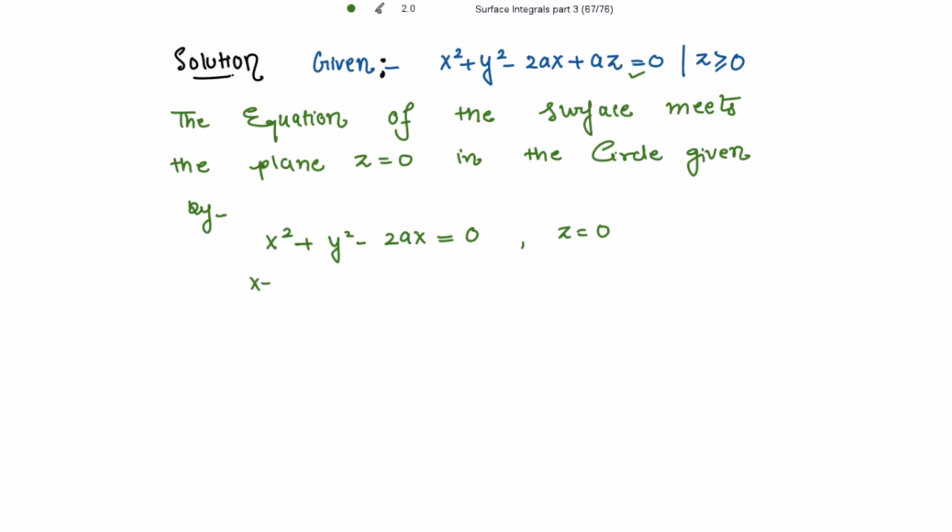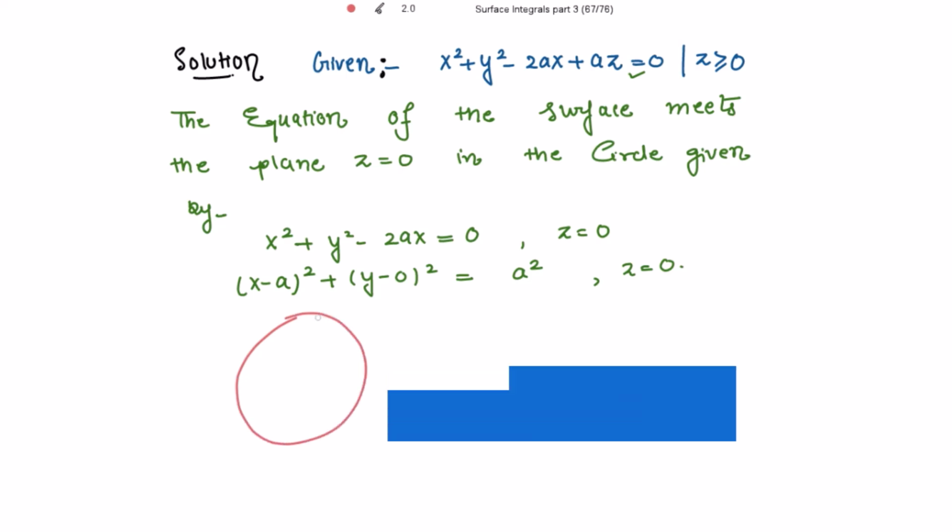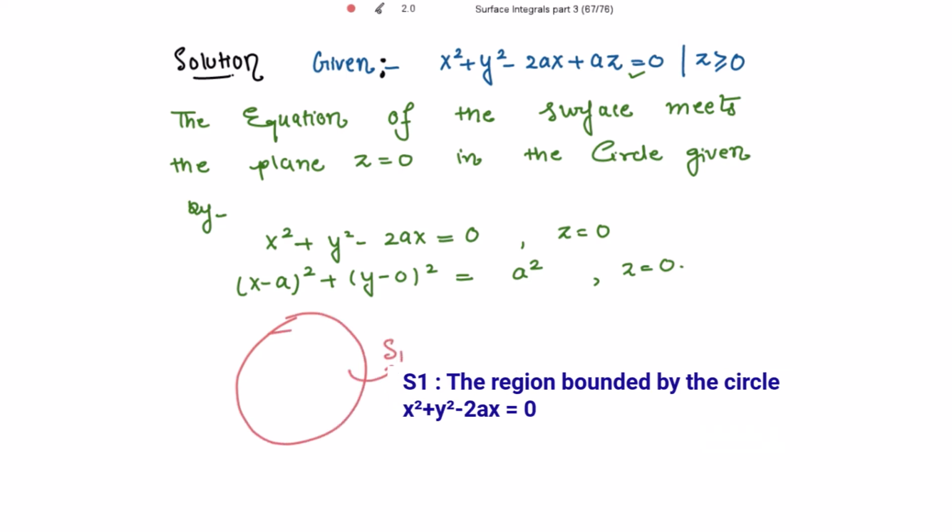Making the perfect square, this is x minus a whole square plus y minus 0 whole square, and for this I have to add a square on the right hand side. Let's take S1 to be the plane region which is bounded by this circle.